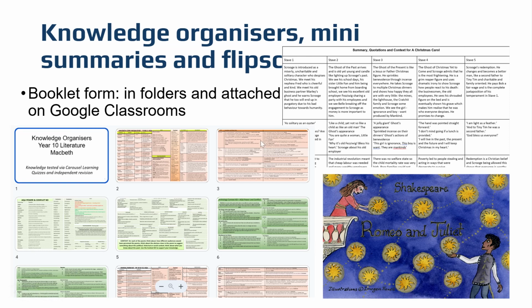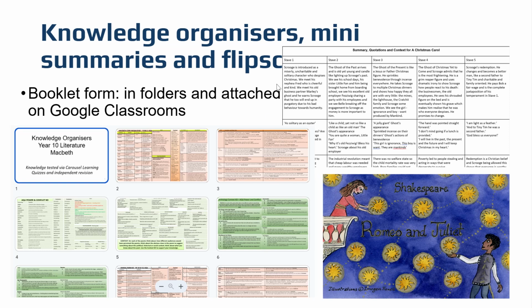And then we also have knowledge organisers, which you can see are two-page documents linking to each text. On there we have some vocabulary, we have a breakdown of context, we've got a breakdown of the story, and we've got a breakdown of quotations by character or by theme. So they've got almost everything that they need to know in those documents.